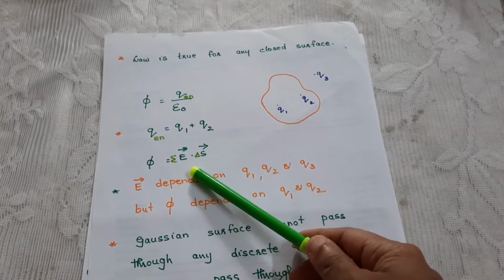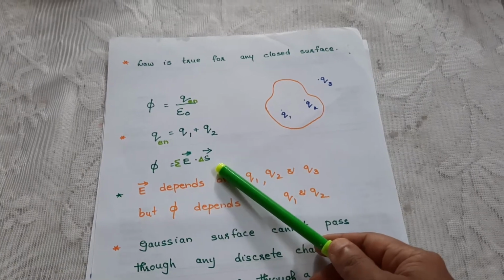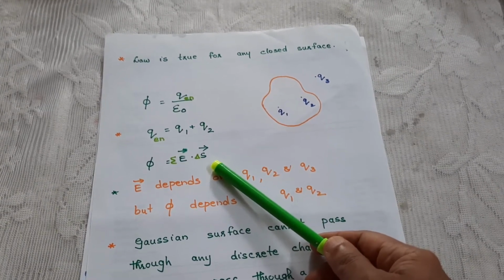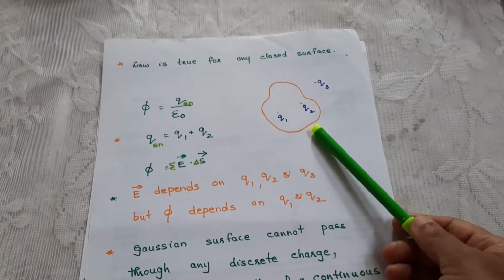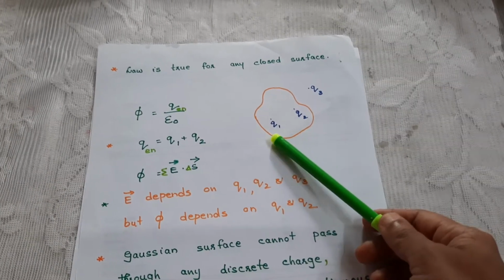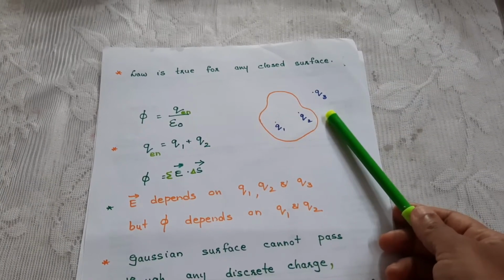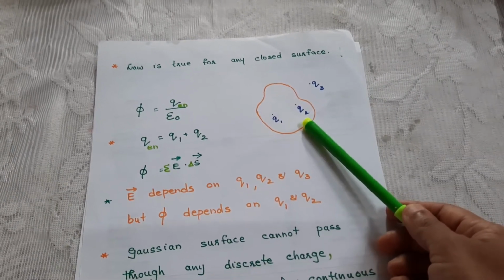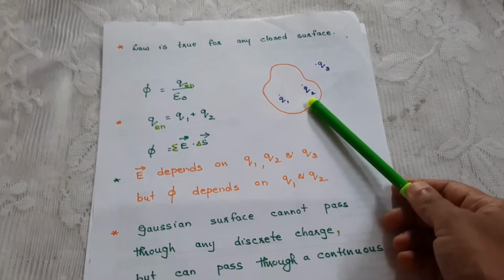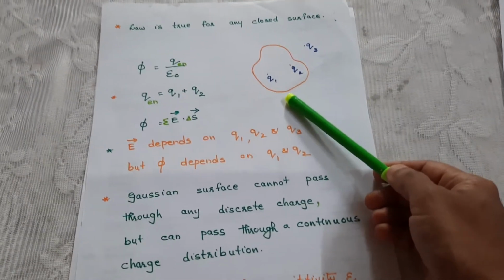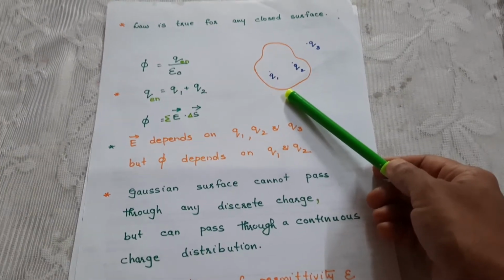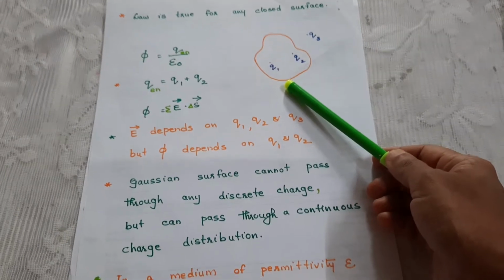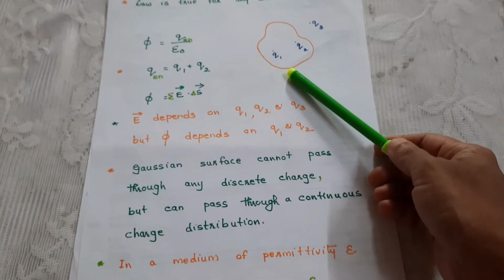And flux phi is equal to summation E dot delta S. But the electric field at any point depends on q1, q2 and q3. But flux depends only on q1 and q2. The Gaussian surface cannot pass through any discrete charge, but it can pass through a continuous charge distribution.